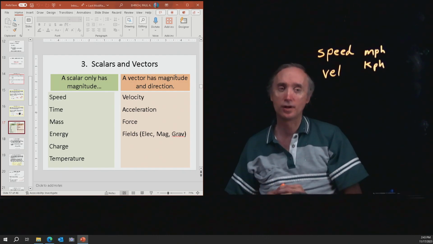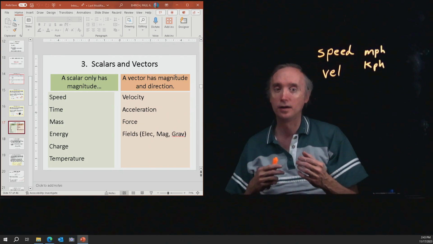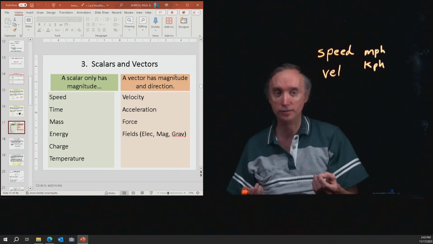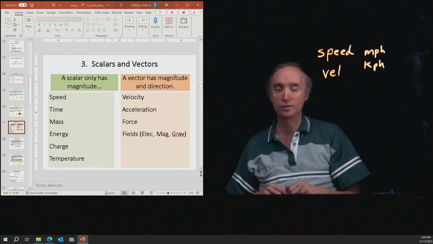Energy is in joules. You don't say that it has 100 joules of energy at a 30-degree angle. Electric charge is another example of a scalar. And then temperature. The temperature is just a number.